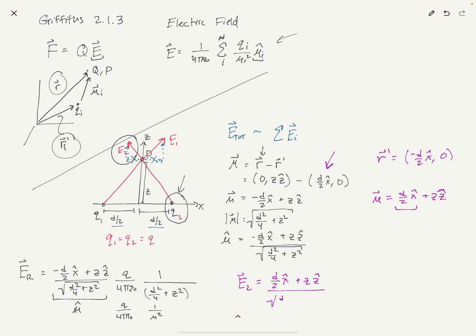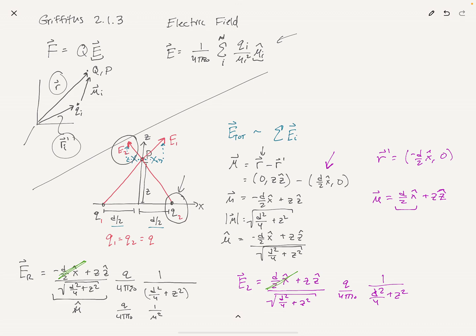So that's still d squared over 4 plus z squared, q over 4 pi epsilon naught, same q, same magnitude, times 1 over d squared over 4 plus z squared. All right, so look, now you see that this part of the expression cancels with this part of the expression, and my x components cancel out just like we predicted before.